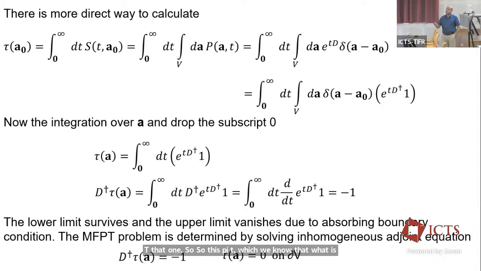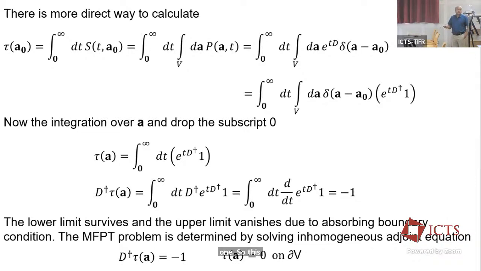If we rearrange it a little bit, ultimately you can write this equation in that form, and you see that if we take the integration over A, this delta function drops one integral, and ultimately you will land on this particular relation, the integral from 0 to infinity dt of e to the power of t D dagger acting on 1.